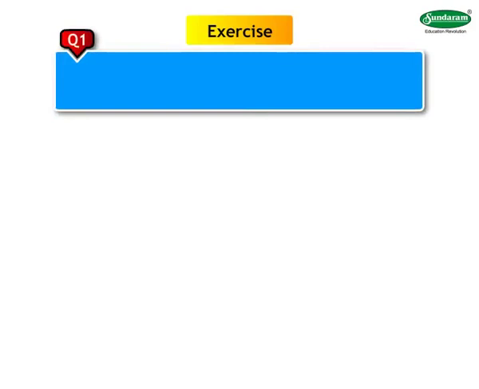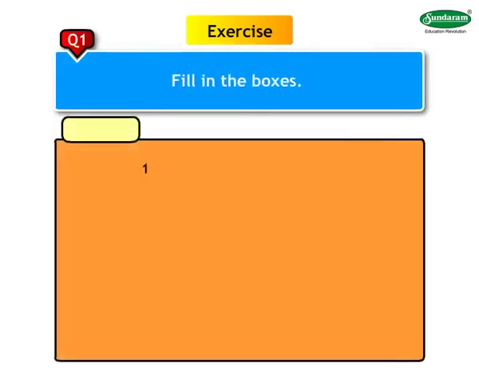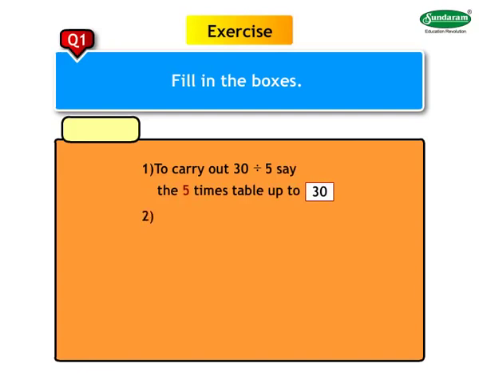Let us now solve the exercise from page number 54. Question 1. Fill in the boxes. 1. To carry out 30 divided by 5, say the 5 times table up to 30. 2.